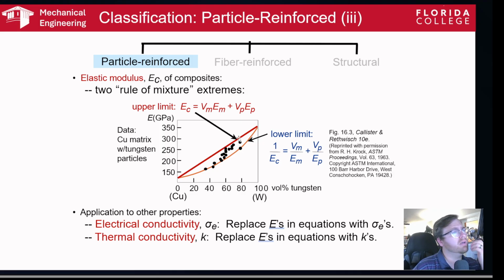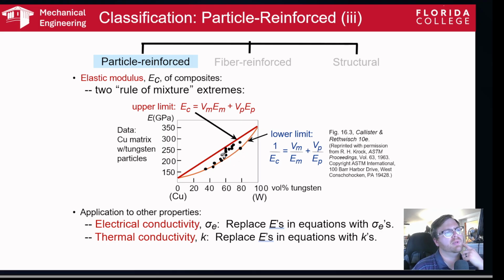So this upper curve represents the upper limit, and the lower curve represents the lower limit. Remember, our test data is not always perfect, and so we have a scatter of actual test samples. These two curves represent the upper and lower extremes of these samples.